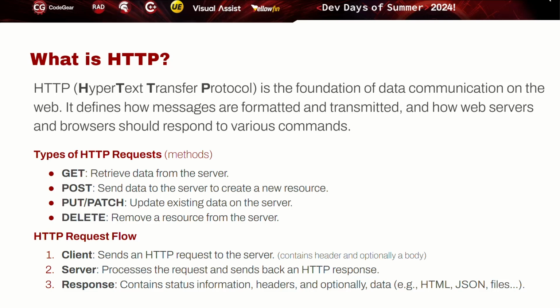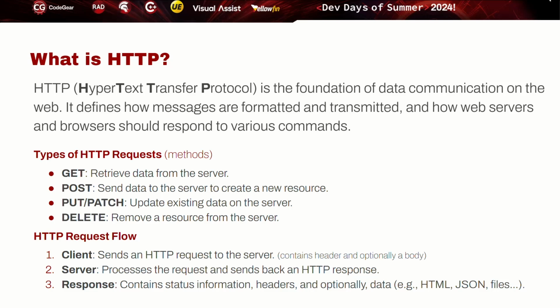Theoretically, PUT and PATCH are for updating values in the server. So we have POST, that was for creating. But in case we want to modify something, we send a PUT or a PATCH request to the backend. We're not going to get into the differences between these because we could spend a whole hour talking about that. So then we have DELETE. That is very self-explanatory. We send a request to the server saying, hey, delete whatever.